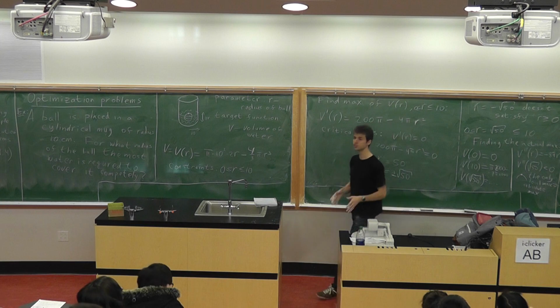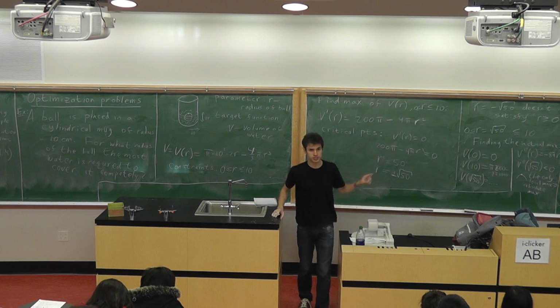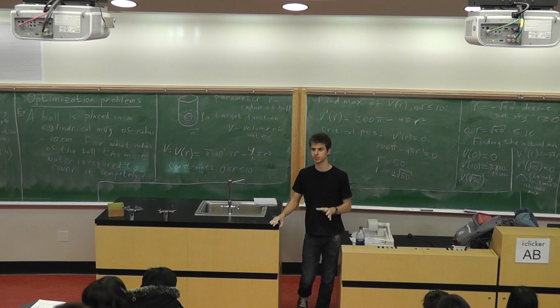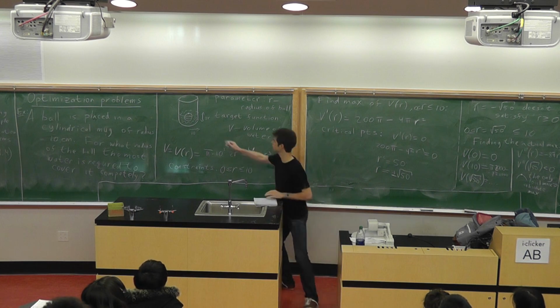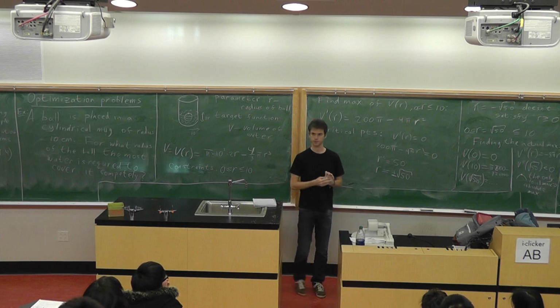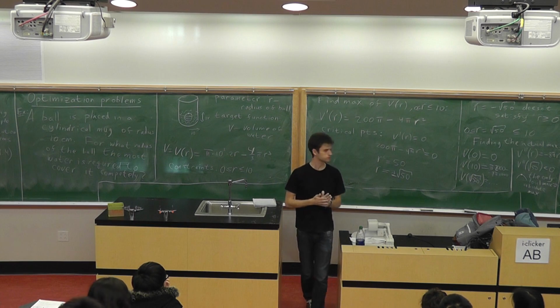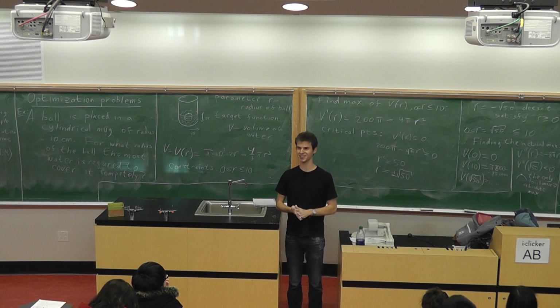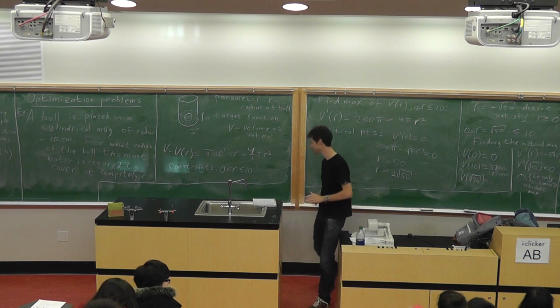So now I have a complete justification. This radius, square root of 50, is the optimal solution. For it, this volume will be the largest. Okay, so good luck today and see you next time.